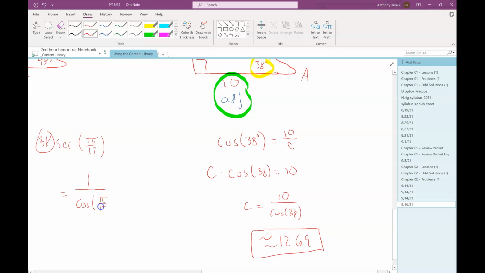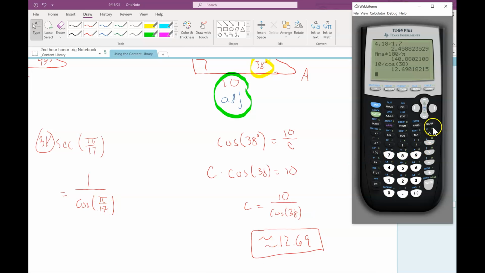So I'm going to do that in my calculator. Since I have my angle here in radians, before I go and do this, I'm going to change my mode back into radian mode. It was previously in degree mode.